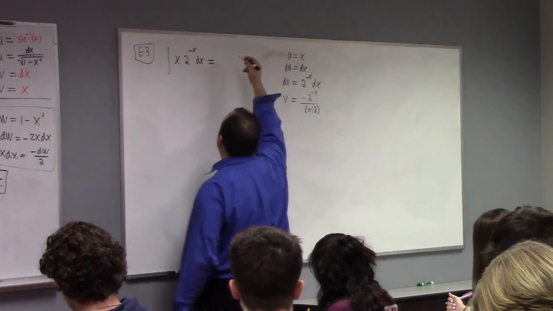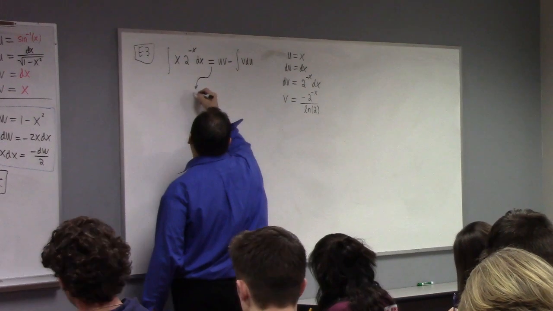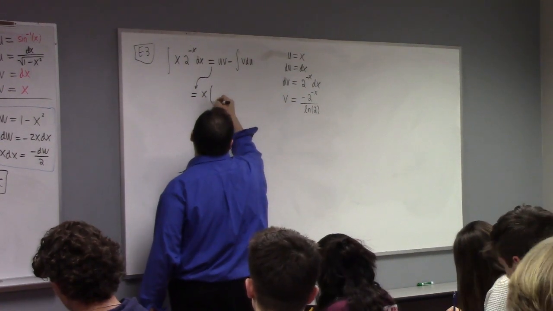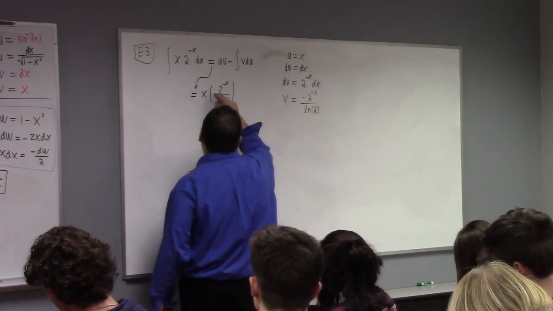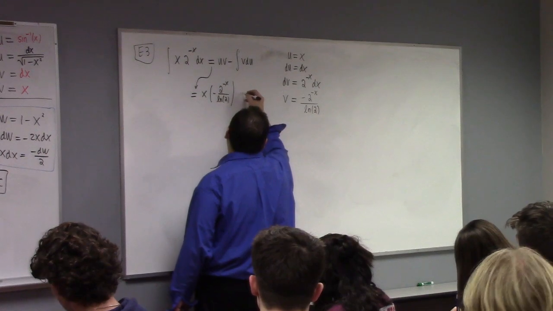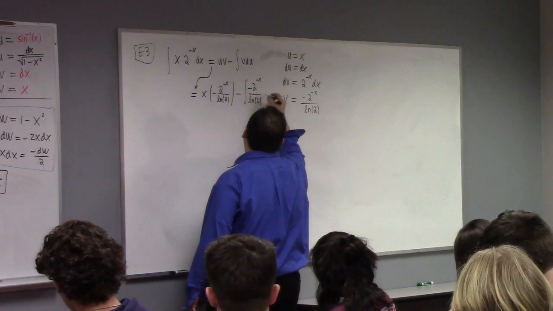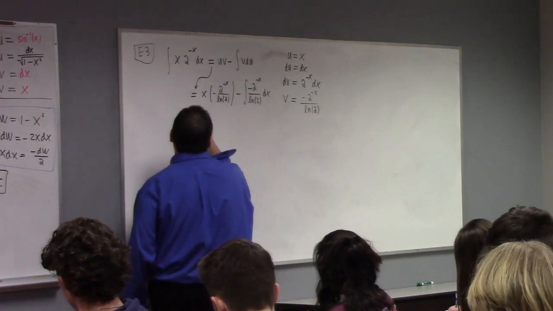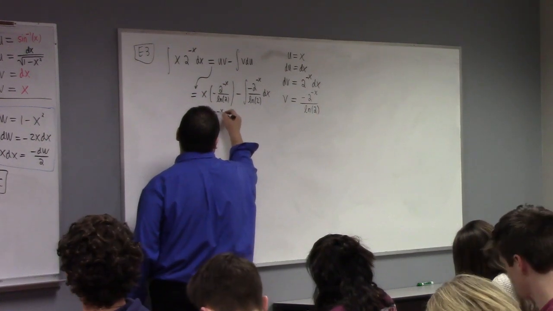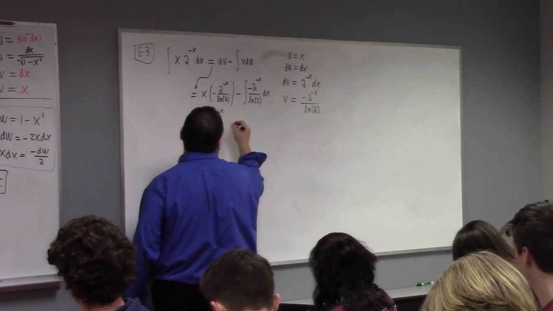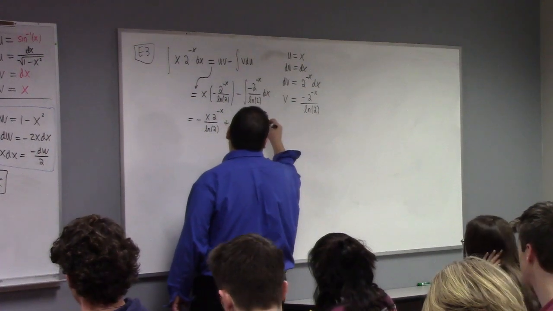Okay, so what we got is uv minus the integral of v du, which is x times minus 2 to the minus x divided by natural log of 2, minus the integral of minus 2 to the minus x over log 2 times dx. Cleaning it up, that's minus x times 2 to the minus x over natural log of 2 plus 1 over the log of 2 times the integral of 2 to the minus x dx.